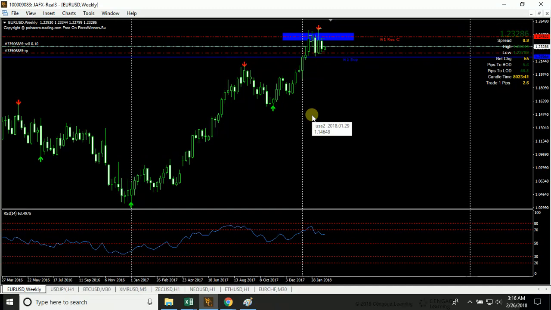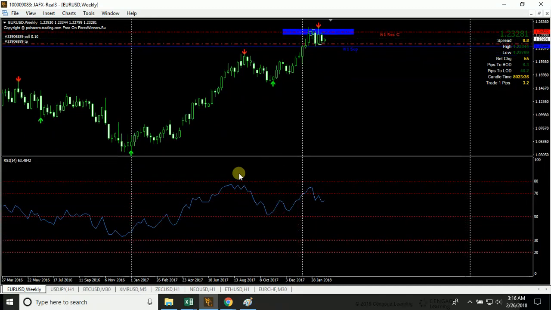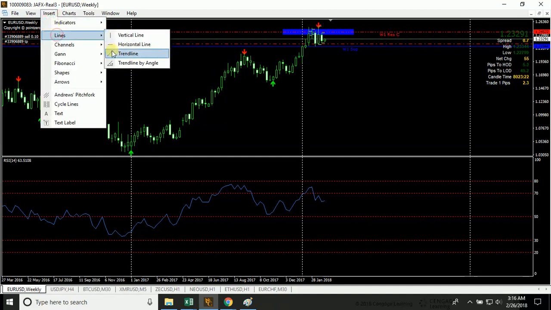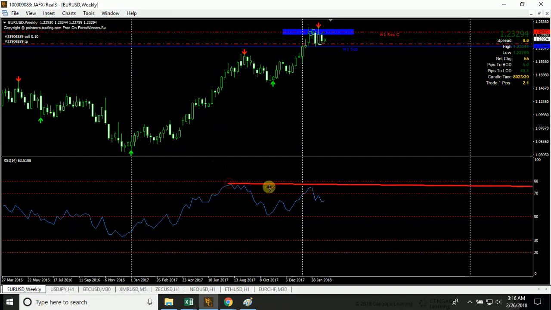And what divergence is, whenever the RSI, this indicator down here, makes two higher peaks. As you see, this is a double top. If you look here, if you draw a line at these highs, you see how it shifted down.